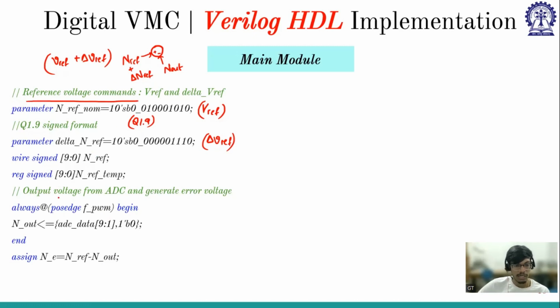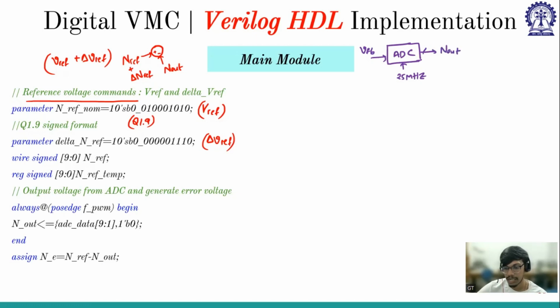After this, SAR is taking the output voltage from the ADC. The ADC that SAR has used, SAR is operating it at 25 megahertz frequency. Input is V feedback and the output is vector N out.